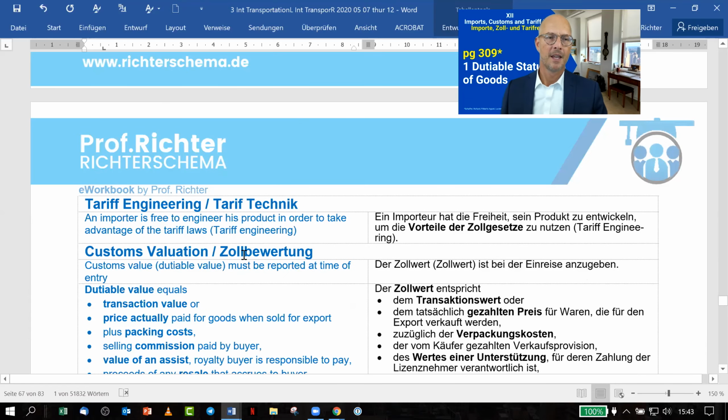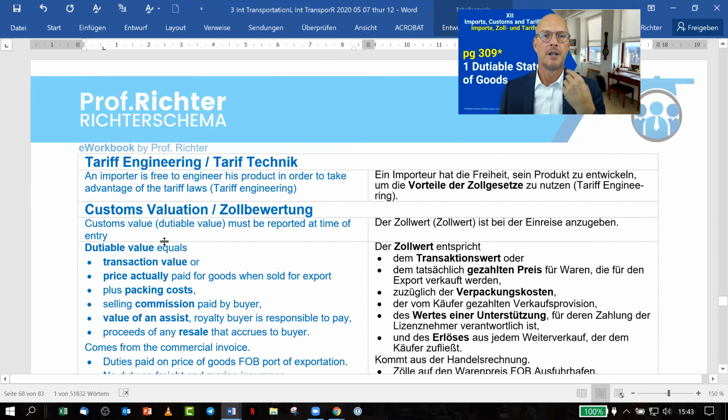And that is very important for you as a business manager. An importer is free to engineer his product in order to take advantage of some tariff laws, right? So this is very important.